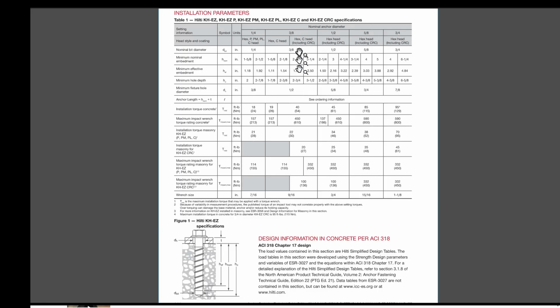For 3 by 8 diameter, we need to put the half inch hole, and for 3 by 4 diameter bolt, 7 by 8 diameter hole. To calculate the anchor length here, it is showing H nominal plus thickness of the fixture. So basically, from bottom of head to the end of anchor, the length is calculated like that.